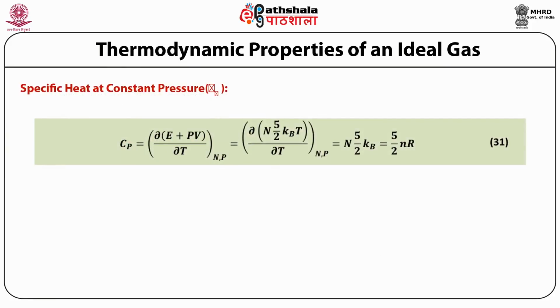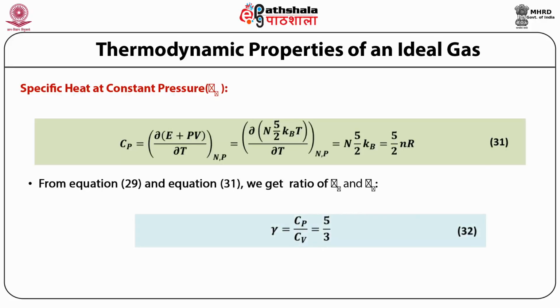Specific heat at constant pressure can now be derived very easily. We know Cp is equal to the partial derivative of E plus PV with respect to temperature at constant N and P, which is equal to the partial derivative of N multiplied by 5/2 Boltzmann constant times T with respect to temperature at constant N and P, which is equal to capital N multiplied by 5/2 Boltzmann constant, which is equal to 5/2 times the number of moles multiplied by the gas constant.